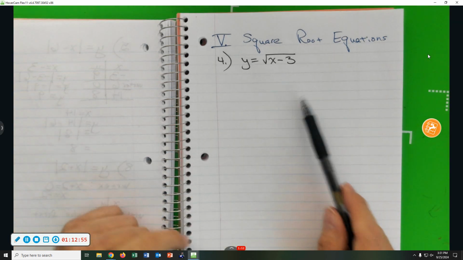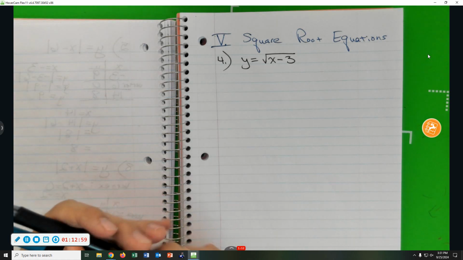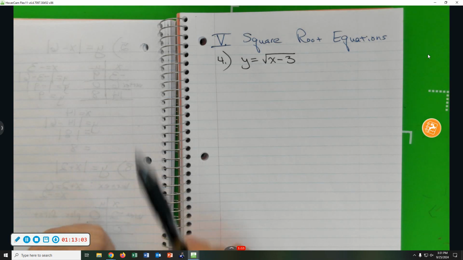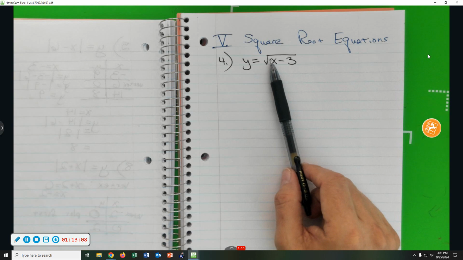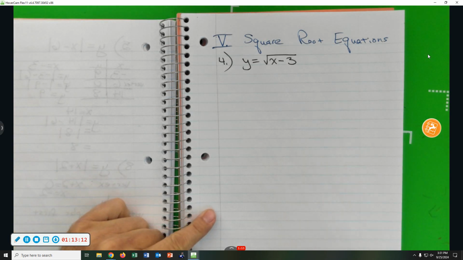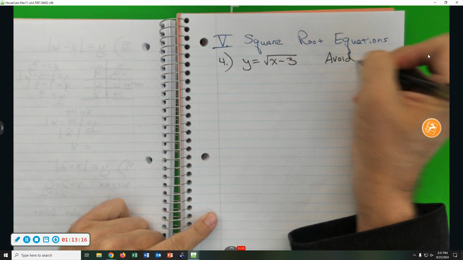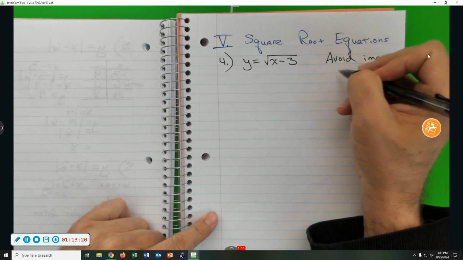We'll draw it on paper, and then whatever matches one of those 4 graphs, that'll be the answer. Here's the thing for square root equations. You're going to plug in numbers for x. You can plug in 50 million, but I wouldn't advise doing that. But what you have to do is avoid imaginary numbers.